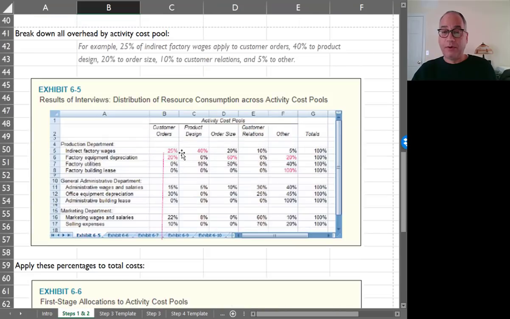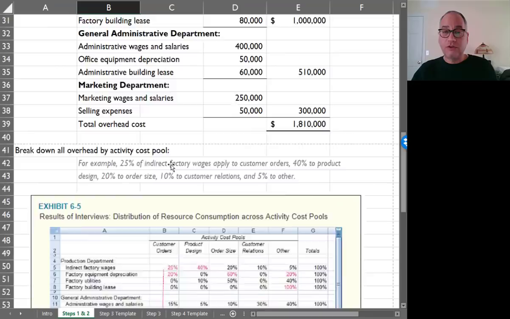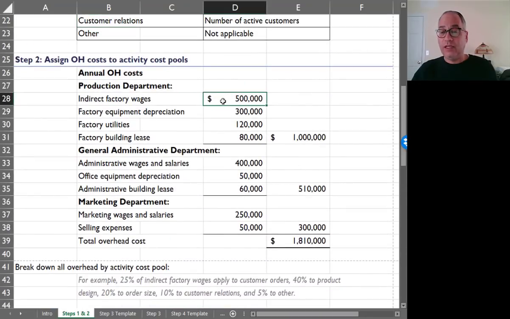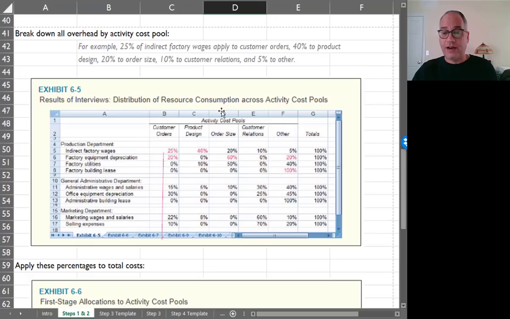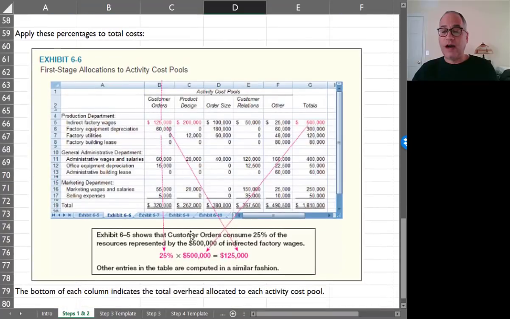For example, total indirect factory wages is $500,000, and someone determined that 25% of that belongs to customer orders. So 500,000 times 25% is 125,000, and they applied 125,000 to customer orders. Each row is one different aspect of our total overhead, and each column is a cost pool.